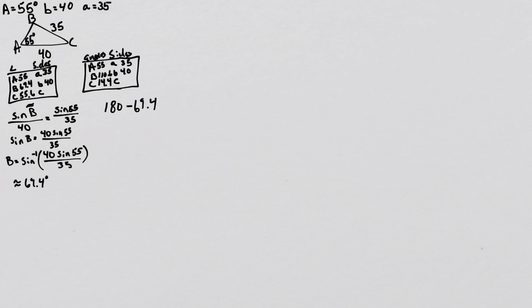So let's do this. We're still going to use the given information and set up the law of sines to solve this. We'll do the first box and solve for side C. So we have 35 over sine of 55 equals C over sine of 55.6.